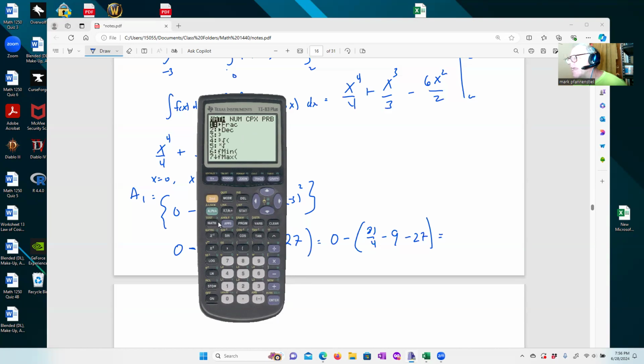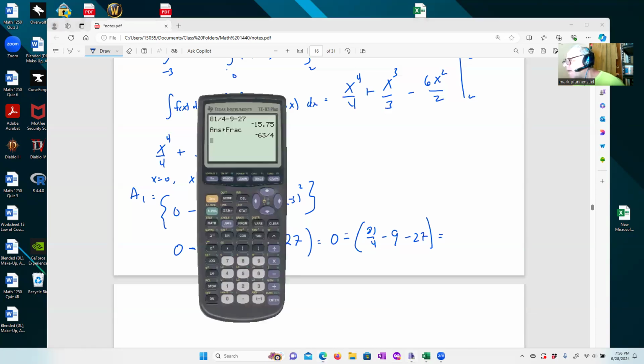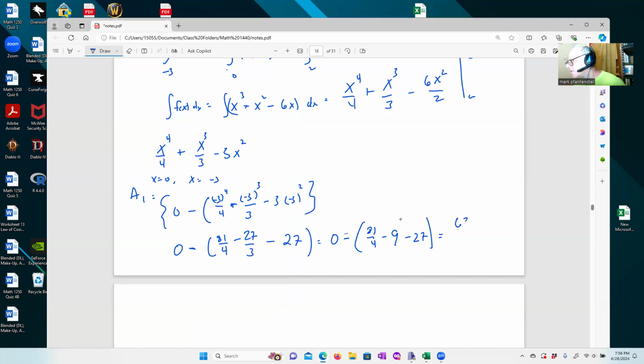Let's change this to a fraction. Okay, so we ended up with the negative of a negative, so we're actually going to end up with a positive. The calculator thinks it's negative, but it doesn't account for this guy out here. So we end up with 63 over 4. This is my area.